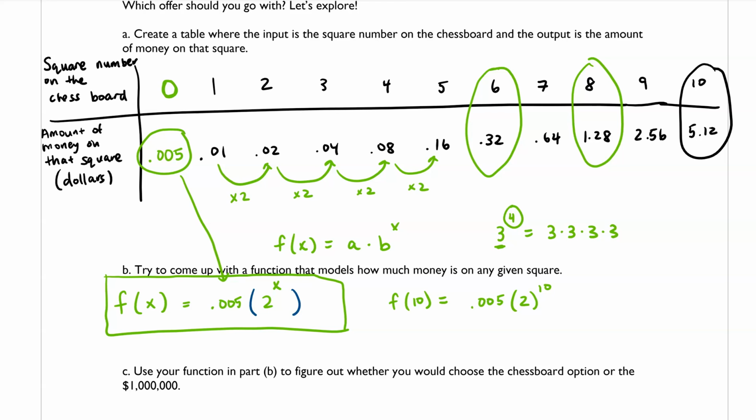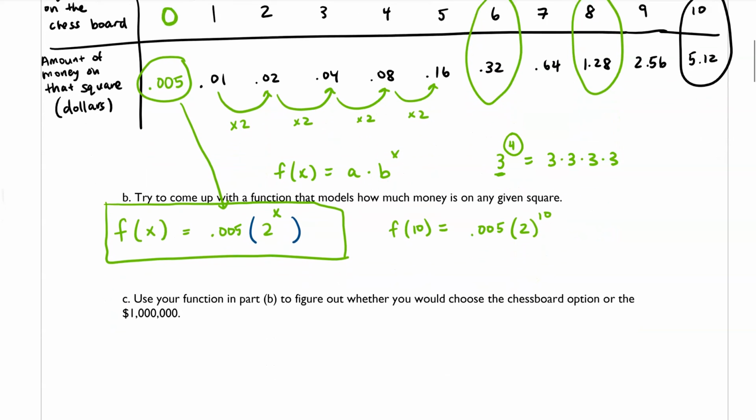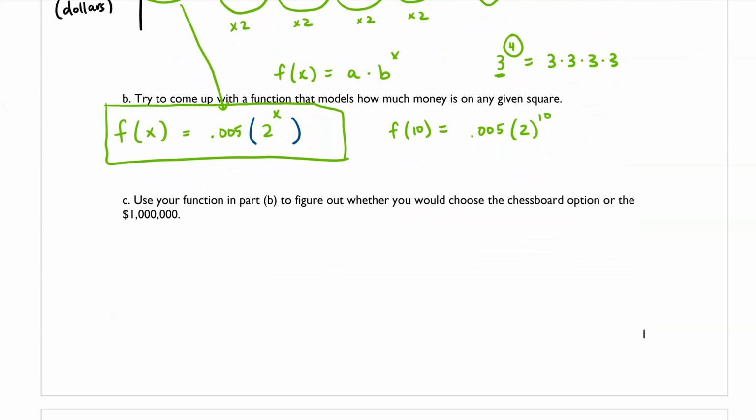Now part C says, use your function in part B to figure out whether you would choose the chessboard option or the $1 million. Now I told you that a chessboard has 64 spaces on it, so what we could do with our function is evaluate f of 64. What this is going to tell us is the amount of money that is on the 64th space of our chessboard.